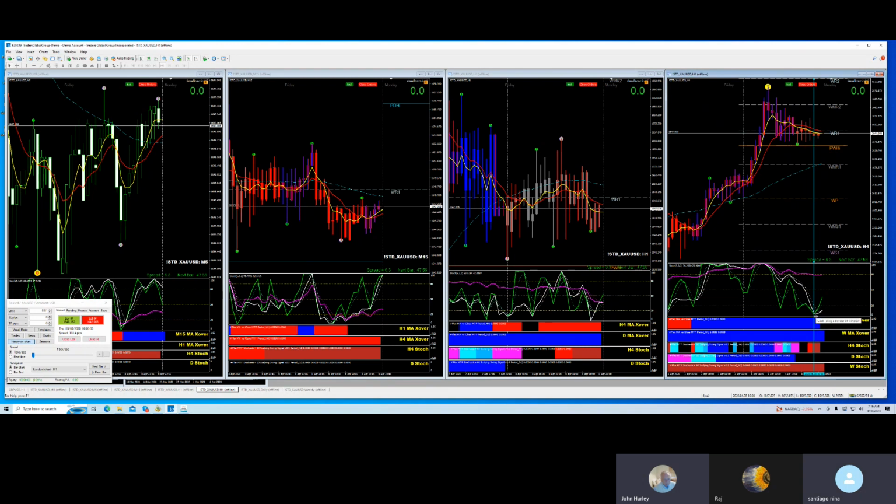So in order for us to go long, the daily has to get in sync to go long, and the 4 hour needs to turn blue. It's already turning black, meaning now it's no longer bearish. It's starting to turn up. But both of these are not in sync yet.